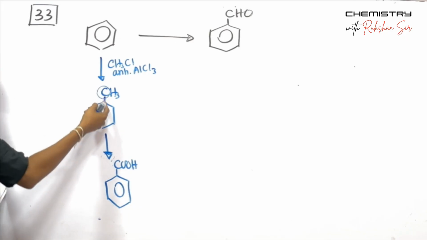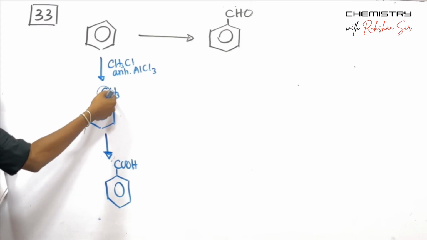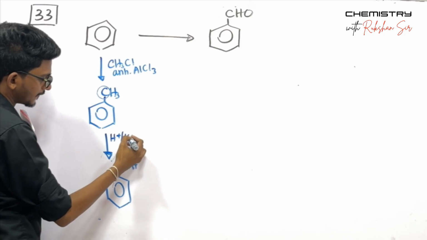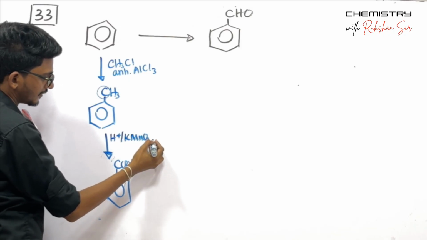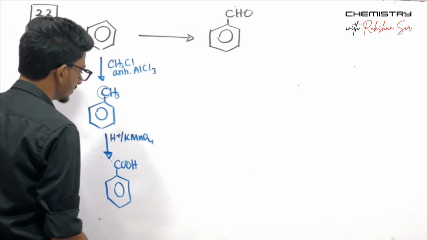If your connected carbon has benzylic hydrogens, these hydrogens are considered as benzylic hydrogens. Then adding H plus K2Cr2O7, H plus dichromate, will give you the acid, right? Benzoic acid.